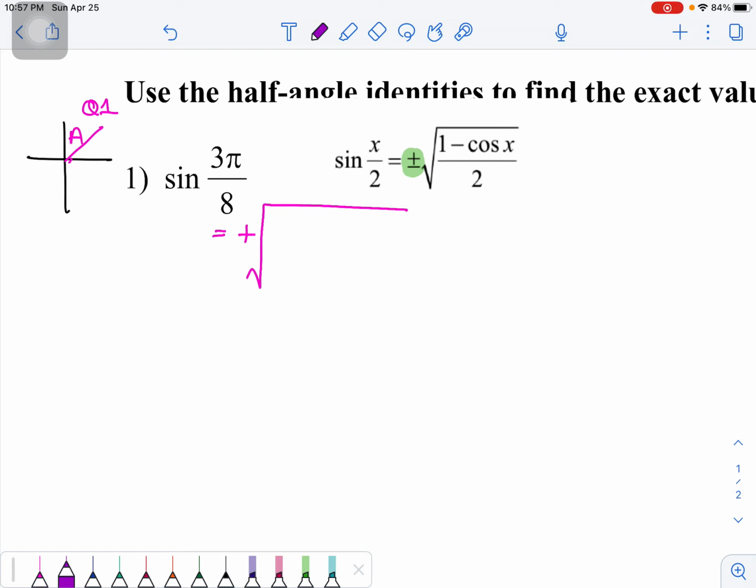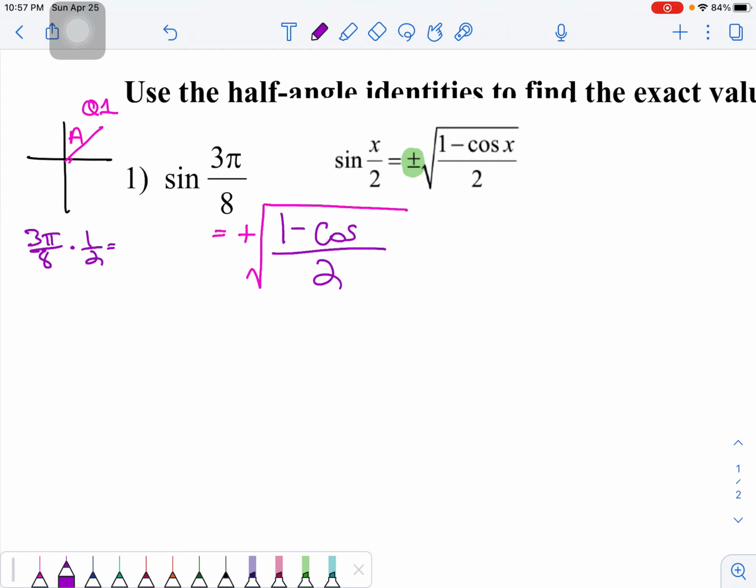All right, so what goes inside the fraction here? Well, it's going to be 1 minus cosine of x, and I'll get to the x in a second, all over 2. Now, x and x over 2, here's the deal. I've got to take this fraction, 3 pi over 8, and multiply it times a half.